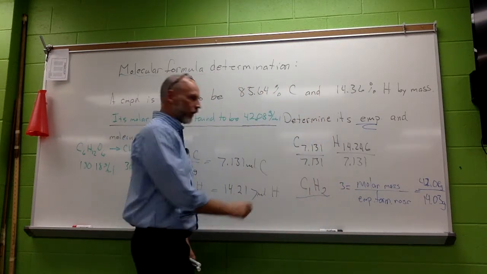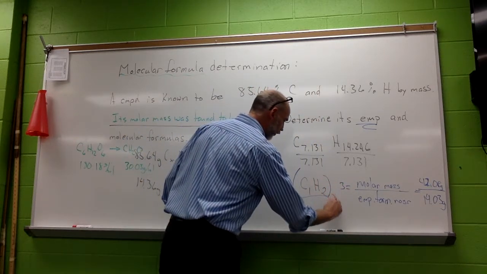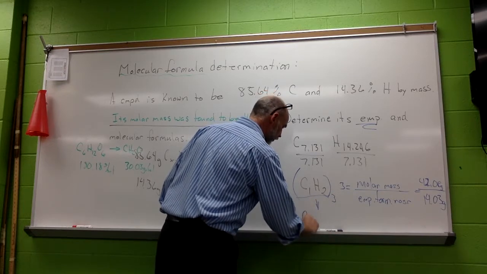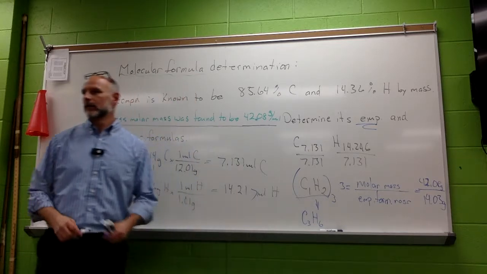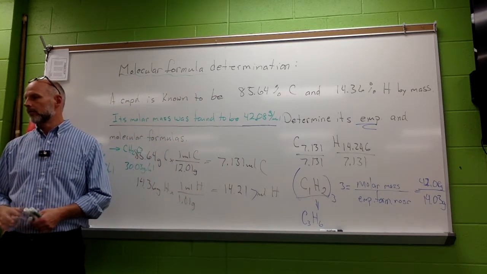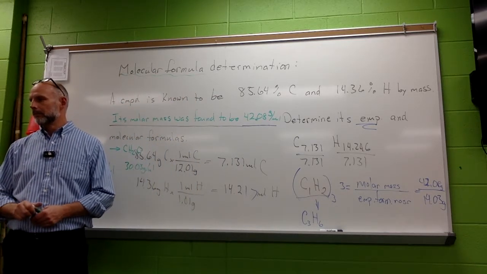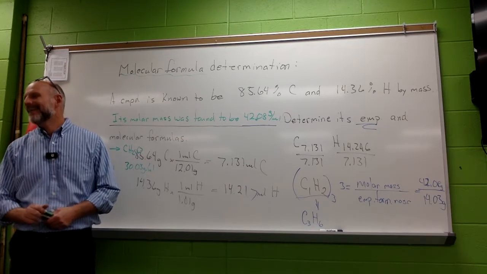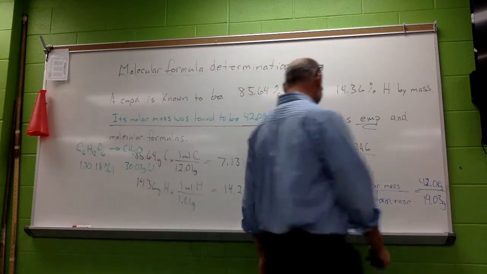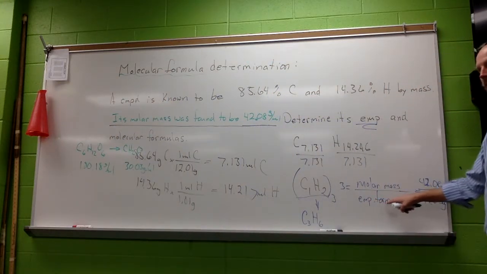So we're going to multiply this entire thing by 3 to get C3H6. C3H6. Empirical formula mass.